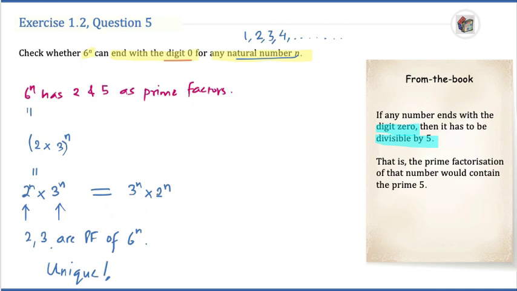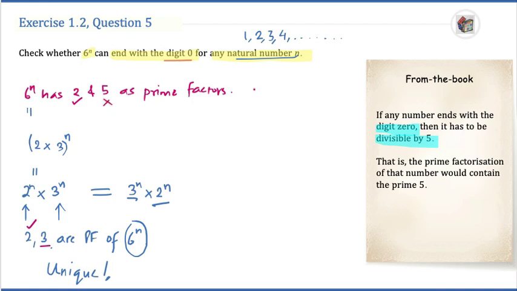It's not as if I can start having some other prime factors altogether. So it is not possible that 6 to the power n has any other prime factors except 3 and 2. That means it is impossible that 6 to the power n has 5. The 2 is okay because I see the 2 here as well, but the other prime factor that it has is 3.